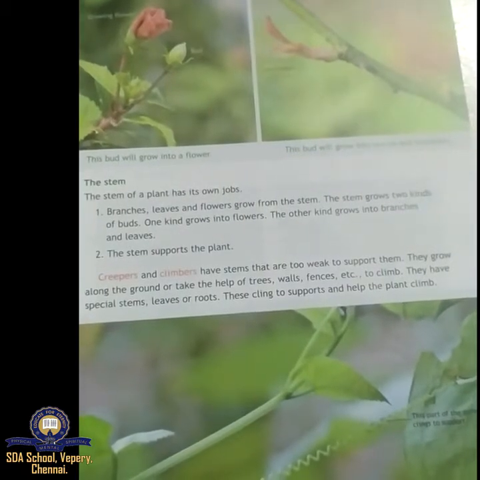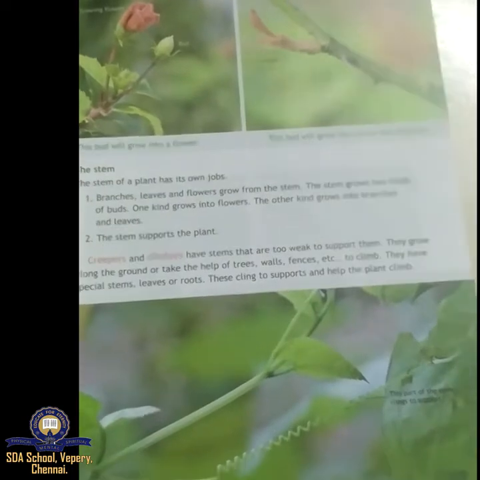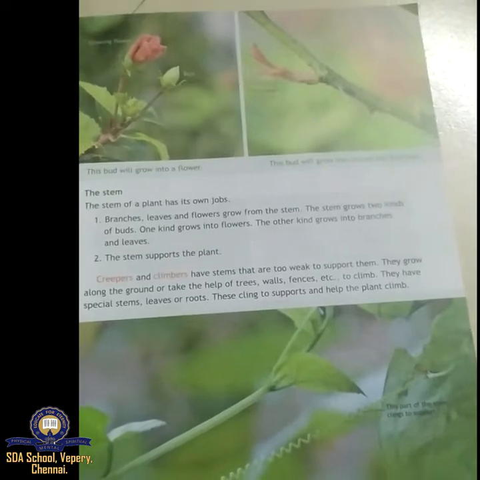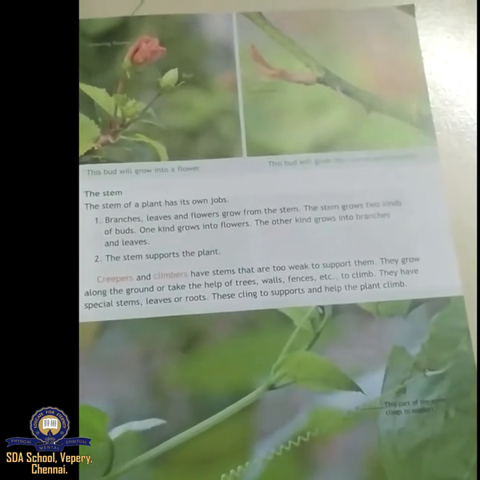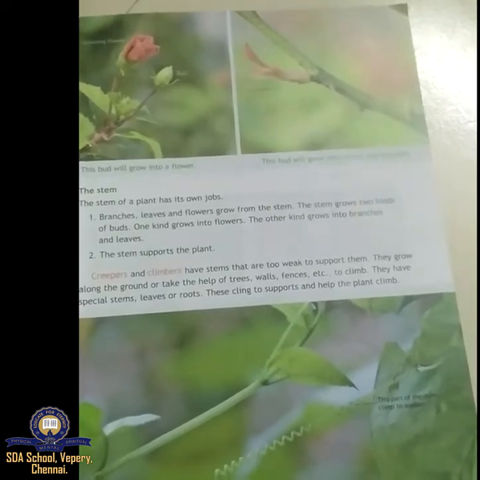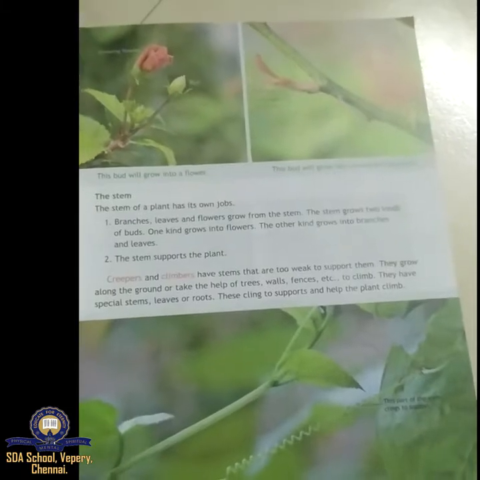Creepers and climbers have stems that are too weak to support them. These are different types of plants. They grow along the ground and need support to stand.